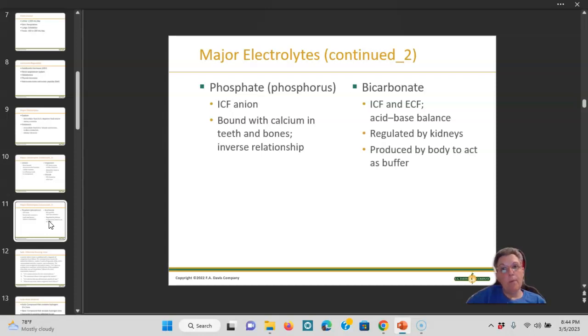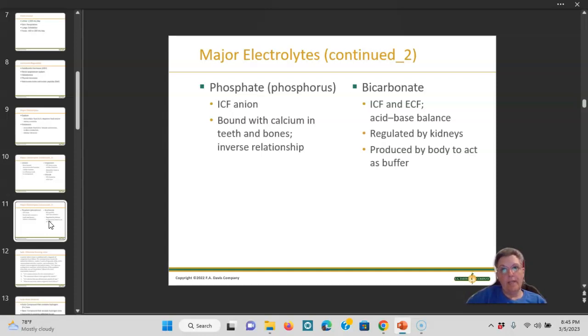And then bicarb is in both intracellular and extracellular, and that is related to acid-base balance that we'll be talking about. And that's regulated highly by the kidneys and produced by the body to act as a buffer when there's too much acid in the system. So if you think about bicarbonate, just consider sodium bicarb.